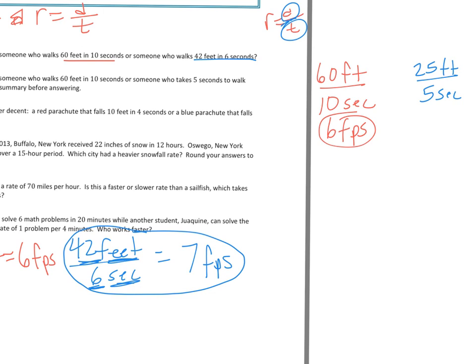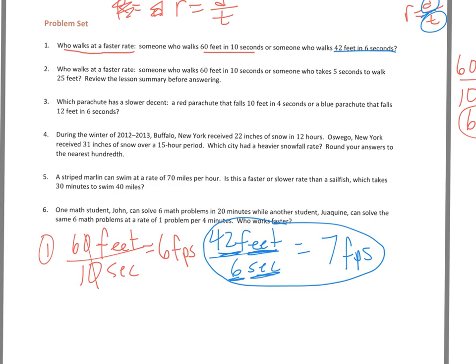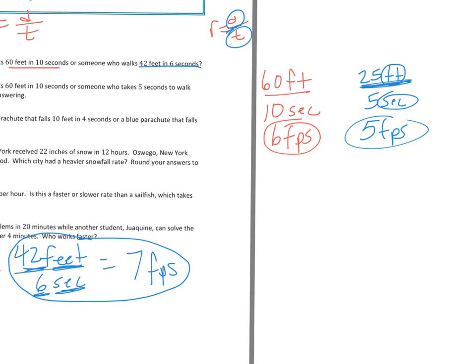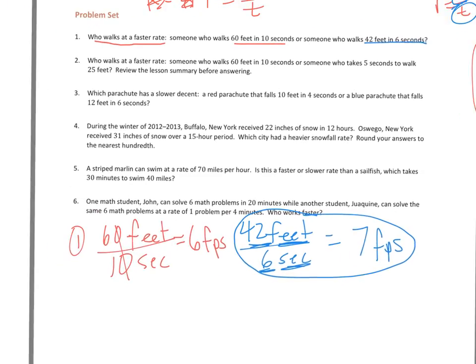I have 25 divided by 5, and that's 5. And again, I have feet per second. So to go back to my question, it says, who walks at a faster rate? This person, because they're walking an extra foot per second than the other person. So that's 2.